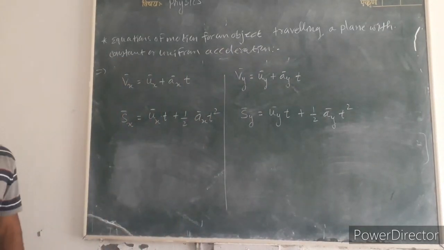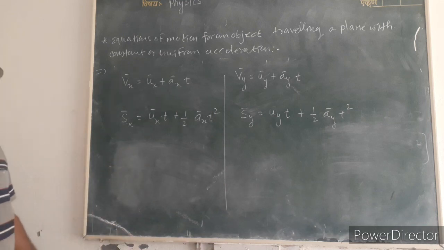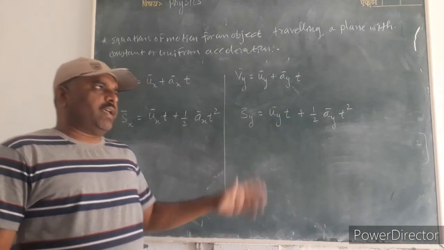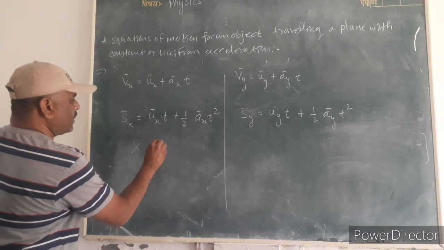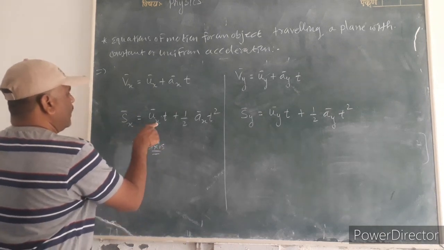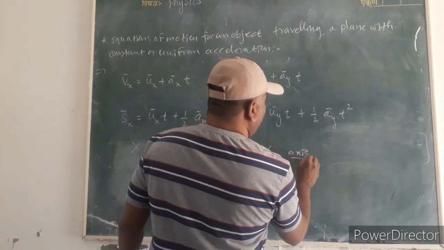This is the equations of motion of an object traveling in a plane with constant or uniform acceleration. This is about the x-axis, this is the x component, and this is about the y-axis.